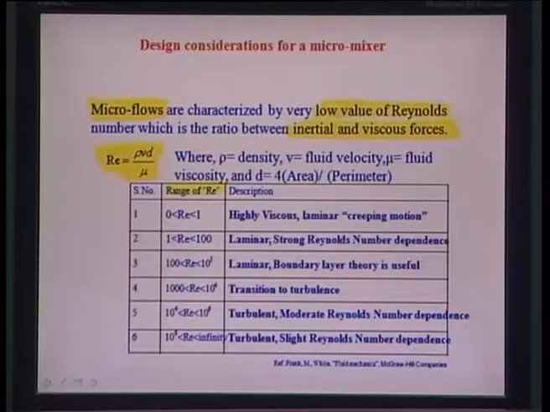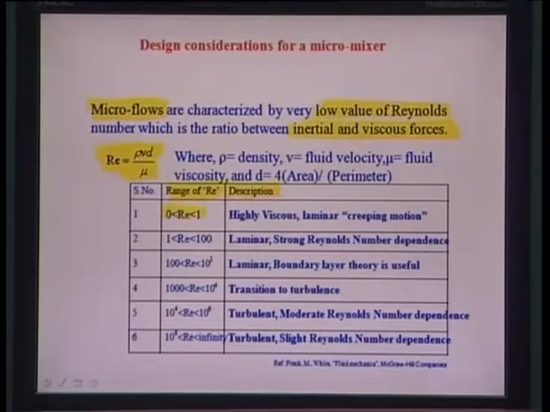So based on the different ranges that this Reynolds number comes into, you could categorize flows into many types. This table illustrates the corresponding range of Reynolds number with the description of the flow.